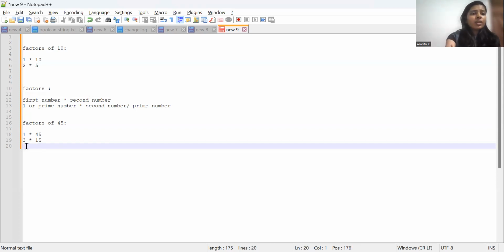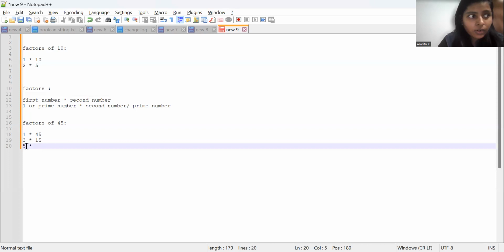In the same way, we will see our third prime number, that is 5, and see if that divides 45. So 5 into how much would give us the result 45? Because we have taken 5 as the prime number here, that is our first number, and we need to check if that would divide 45.